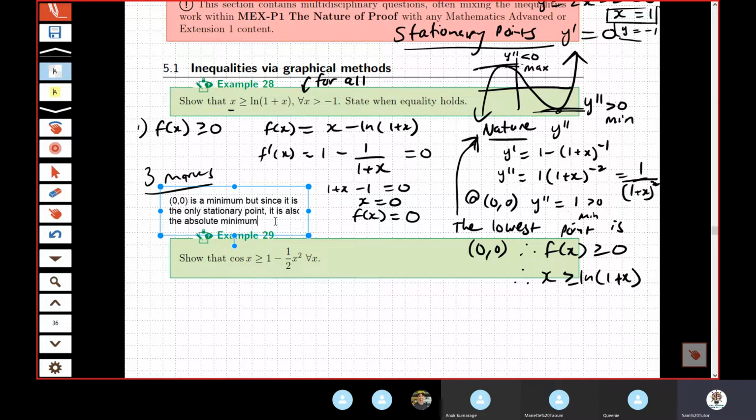Beautiful. And then therefore f of x. Okay, perfect. That's exactly what you need to write.